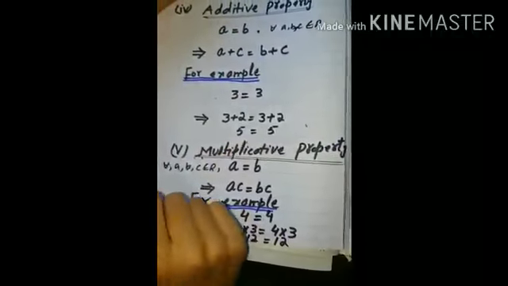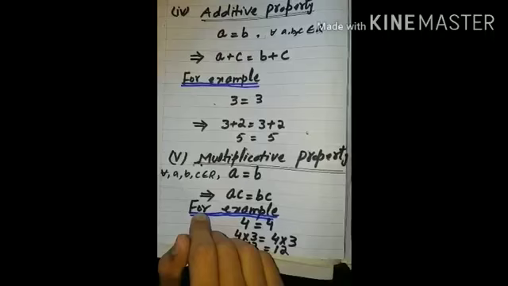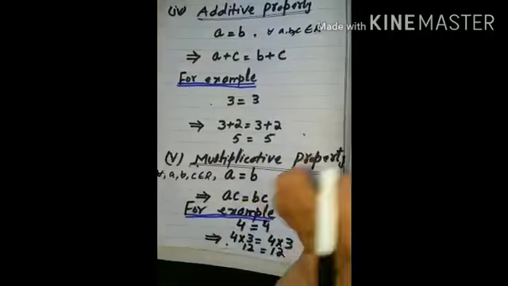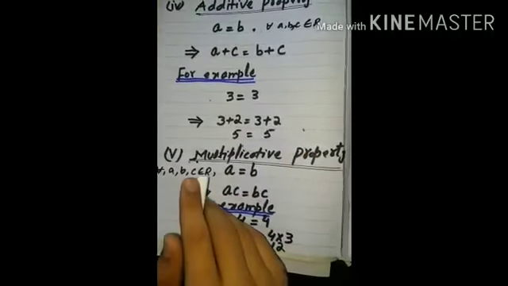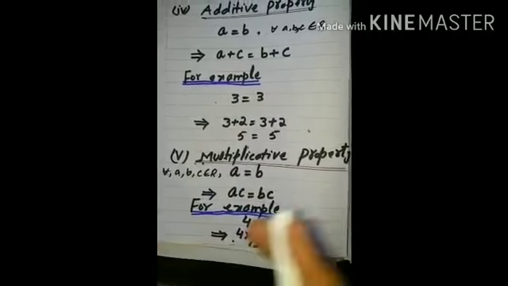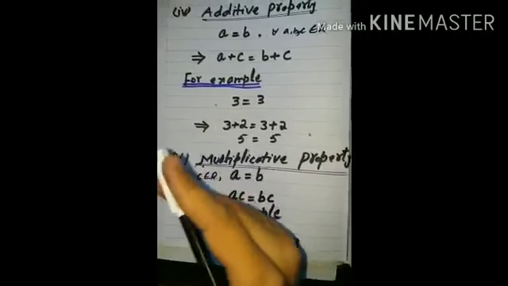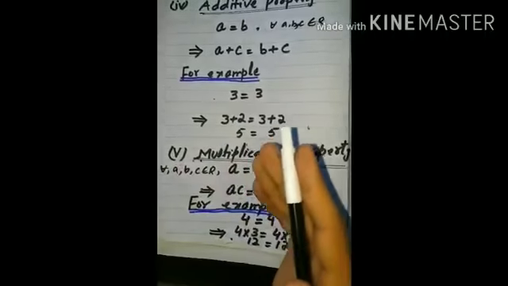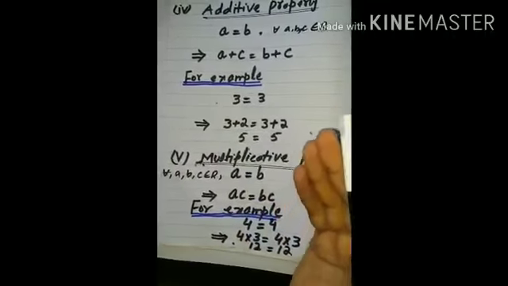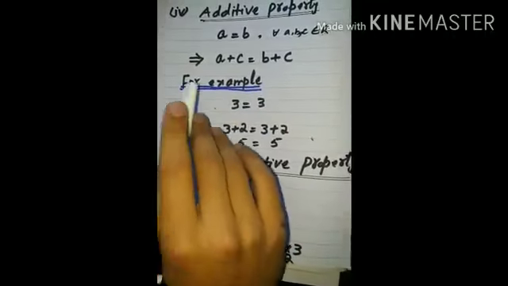Now next we have more properties. The upcoming properties are very important because we use them very often when we are dealing with equations.